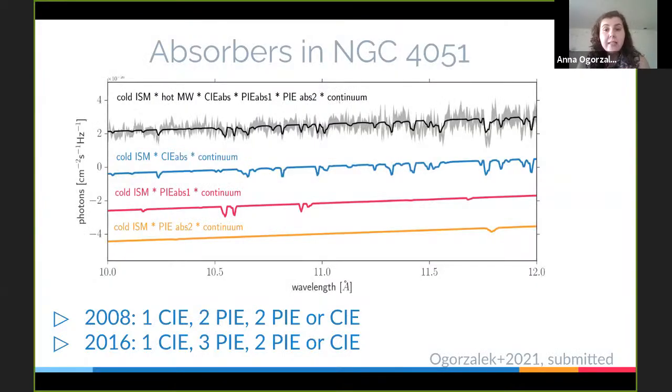We have analyzed these two data sets individually and detected 6 absorbers intrinsic to NGC 4051 in the data. Remarkably, these absorbers are independently detected in both data sets spaced 8 years apart. Here I show just a 2 angstrom range of the spectrum with just a few narrow line width absorbers singled out, but the whole spectrum spans 1 to 35 angstrom.